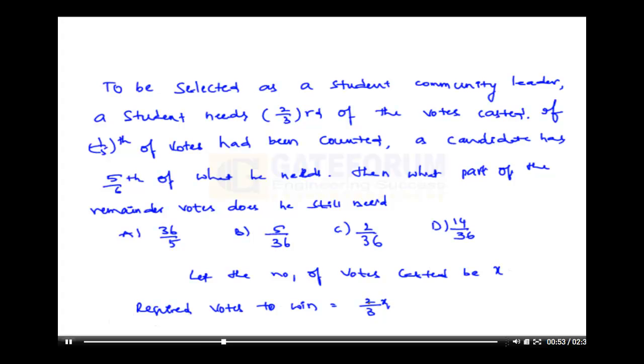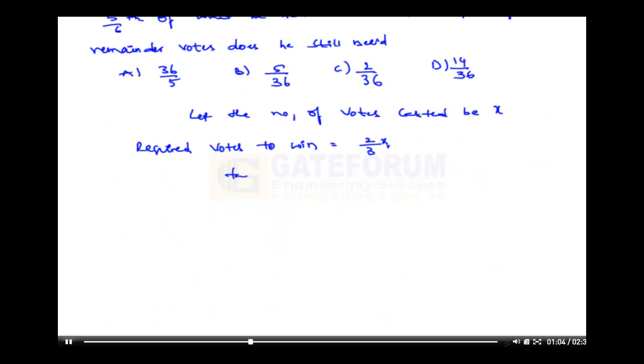The candidate has already got 1/5 of the votes counted. That is, the counted or obtained votes can be written as X by 5. So uncounted we still have X minus X by 5, nothing but 4X by 5.